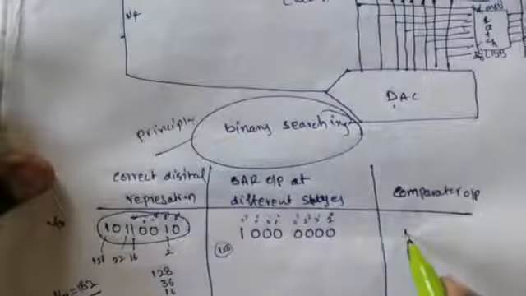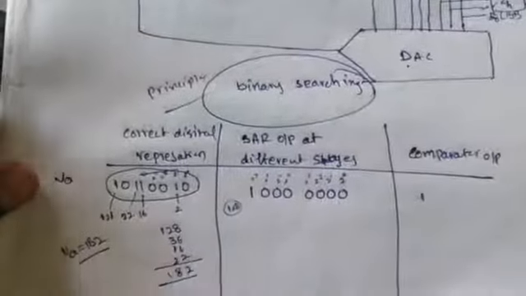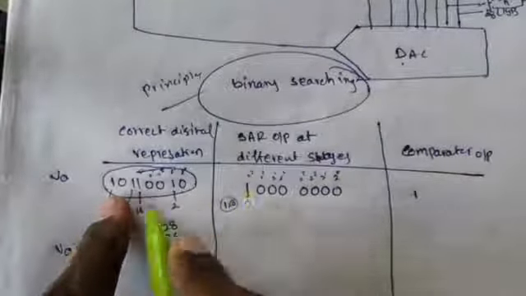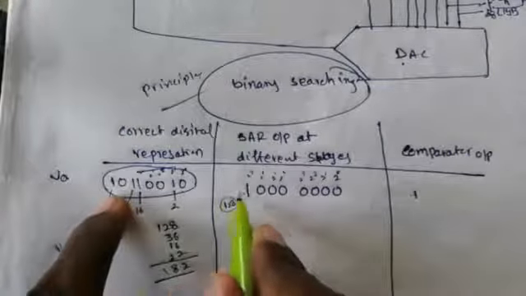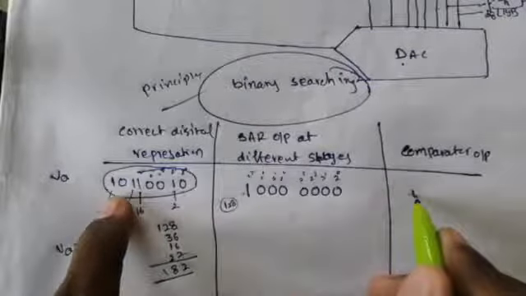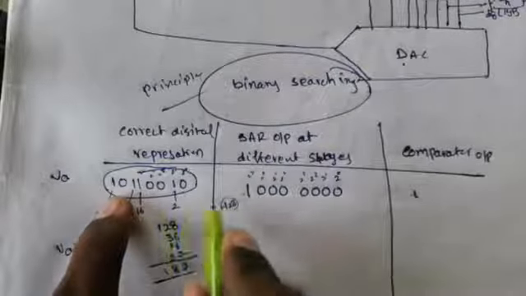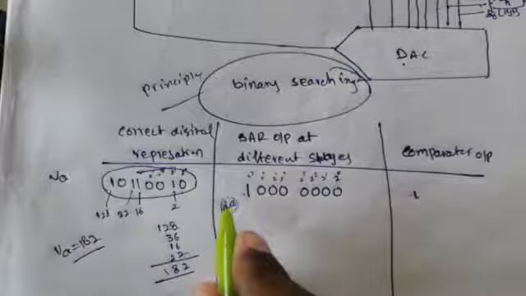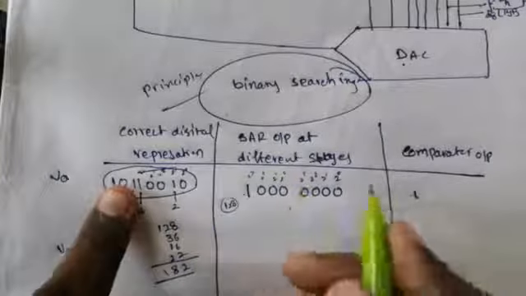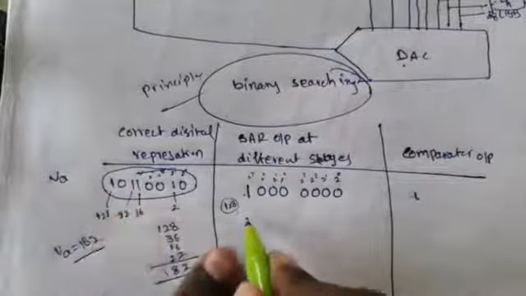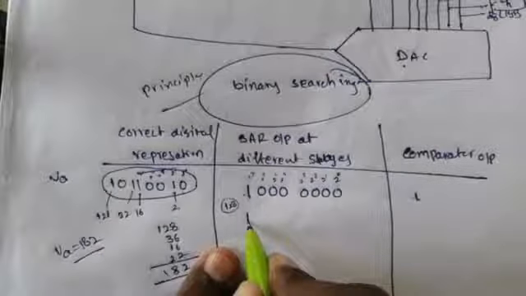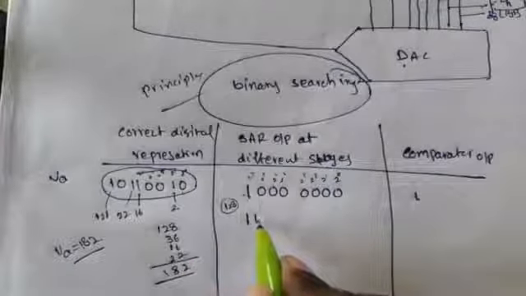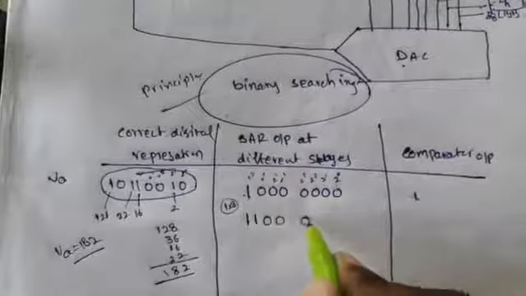When the MSB bit matches, the comparator output is 1. If these two do not match, the comparator output is 0. When these two match, the MSB bit stays as it is, and the next bit will be highlighted here. The next bit will be 1, and the remaining are all zeros.